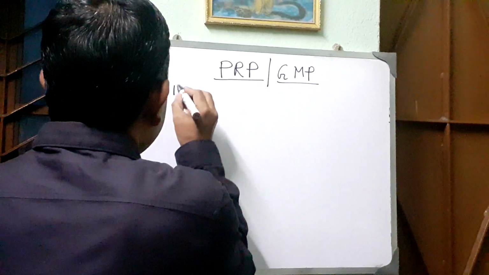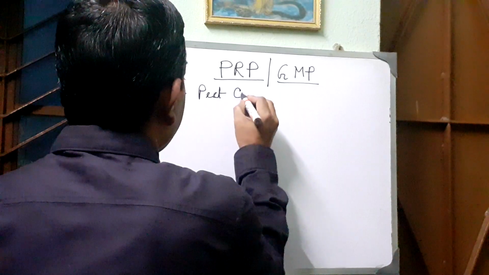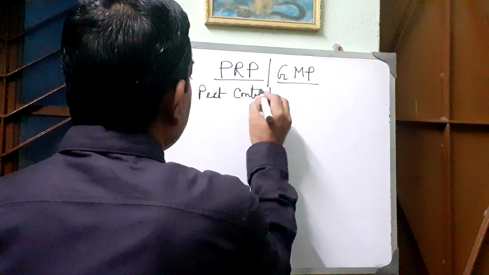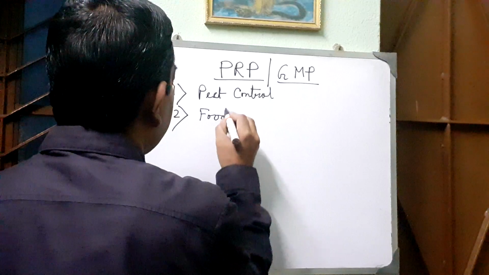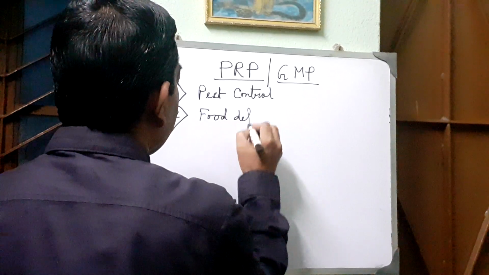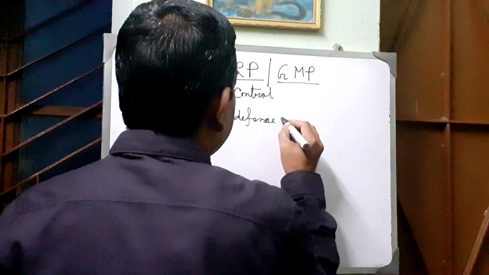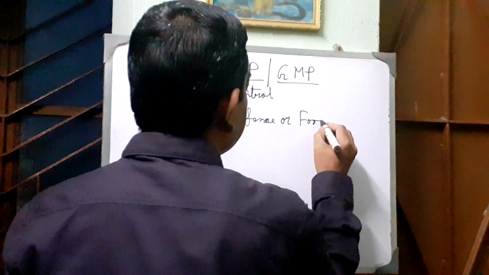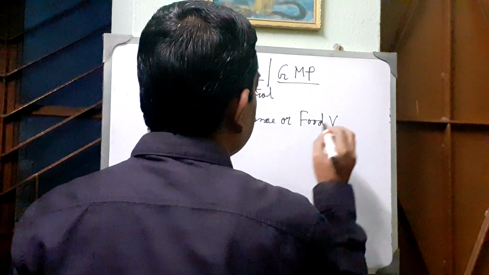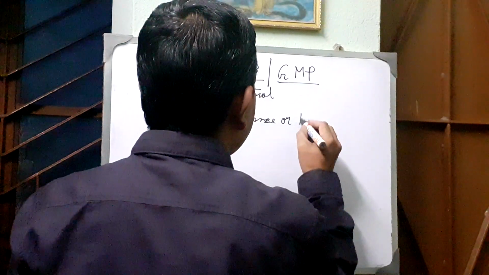So, the first point of PRP is pest control. I will discuss all the points one by one. The second point is food defense, or biovigilance.